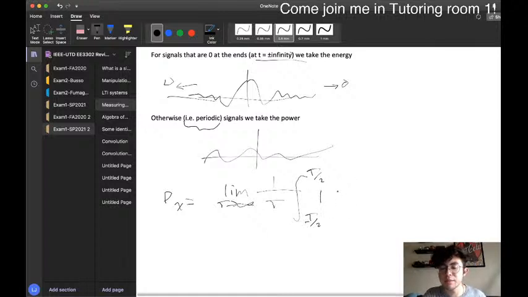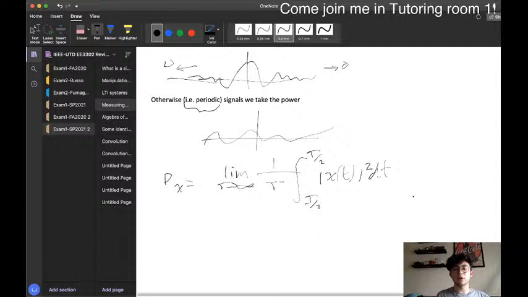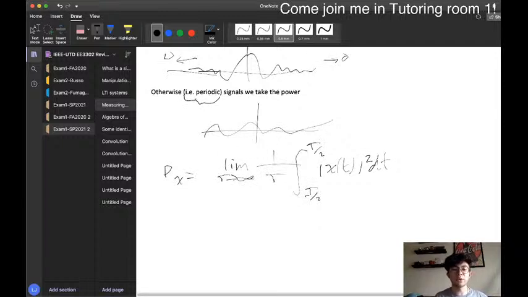It's the same inside, x of t absolute value squared dt, and that is our definition for power. This is just for any general signal. One important note is that if we're working with periodic signals, let me draw that in red.